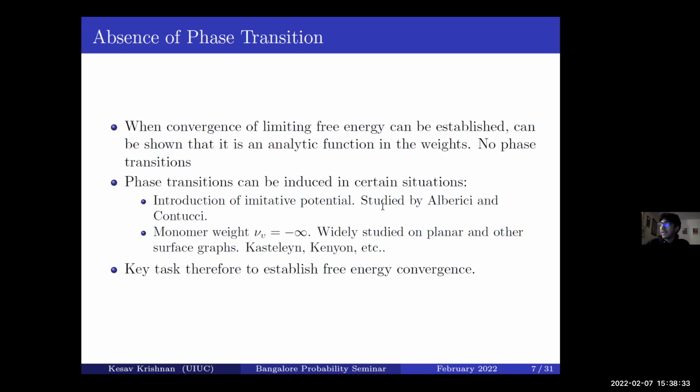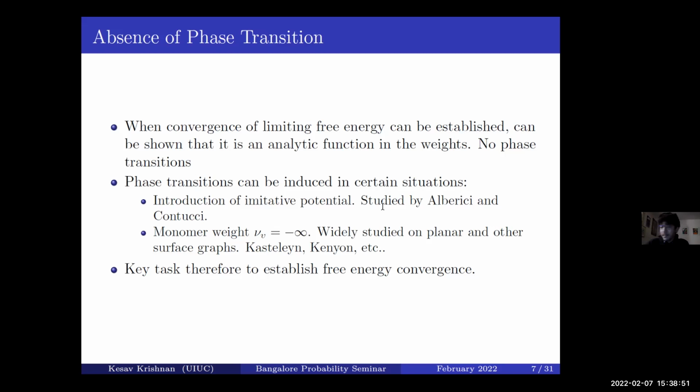One way of doing that in the case of the monomer-dimer model is the introduction of what's called an imitative potential. In other words, you introduce a term in the Hamiltonian to deal with a monomer-dimer pair having greater energy when they're adjacent to each other.